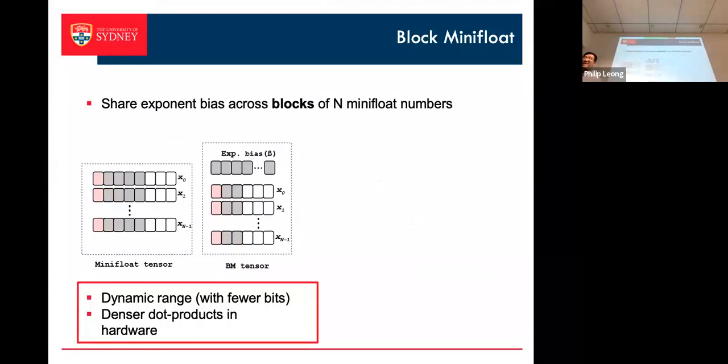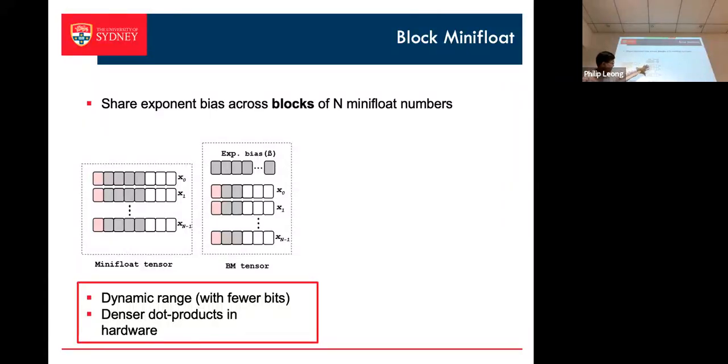Now, block Minifloat, as the name suggests, is a number of Minifloat numbers. So imagine a Minifloat tensor here. This has 1 sign bit, 4 exponent bits, and 3 mantissa bits in this example, and you have a number of these. In the experiments that I'll describe, it's a 48 by 48 two-dimensional block, and there's a shared exponent bias.